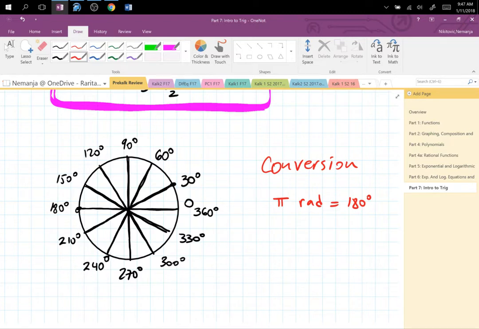Pi is 3.14. So you have to make sure that you know. So pi is approximately 3.14 and has nothing to do with angles. Pi is a number, just like your E was a number, about 2.7. E has nothing to do with angles. Pi has nothing to do with angles.